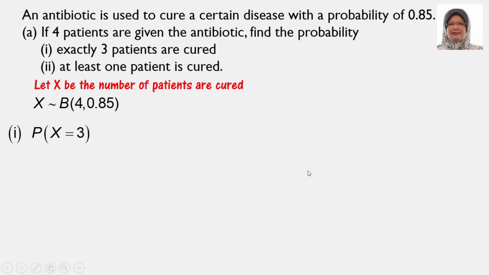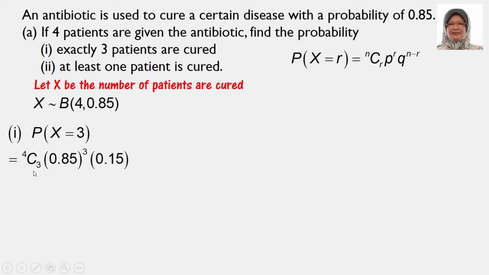For this question, we can use either the formula P(X = r) = nCr p to the power of r q to the power of n minus r, or we can use the table. If we use the formula, we substitute x equal to 3.